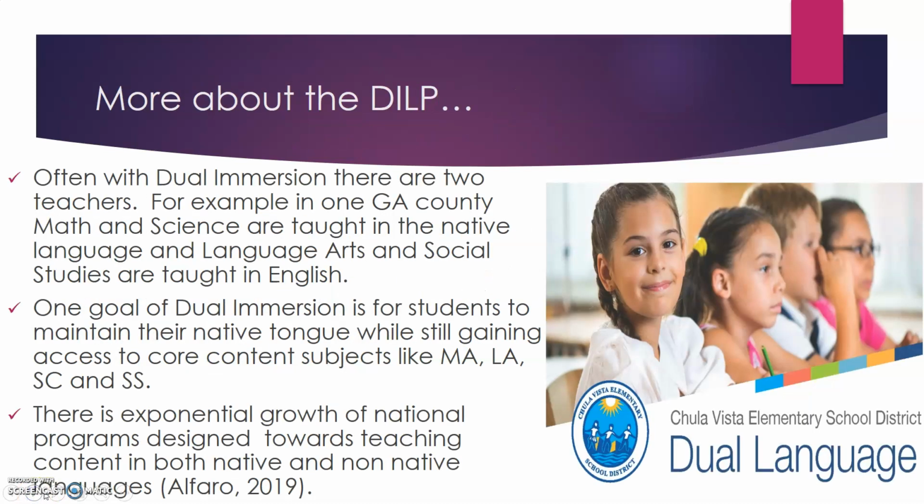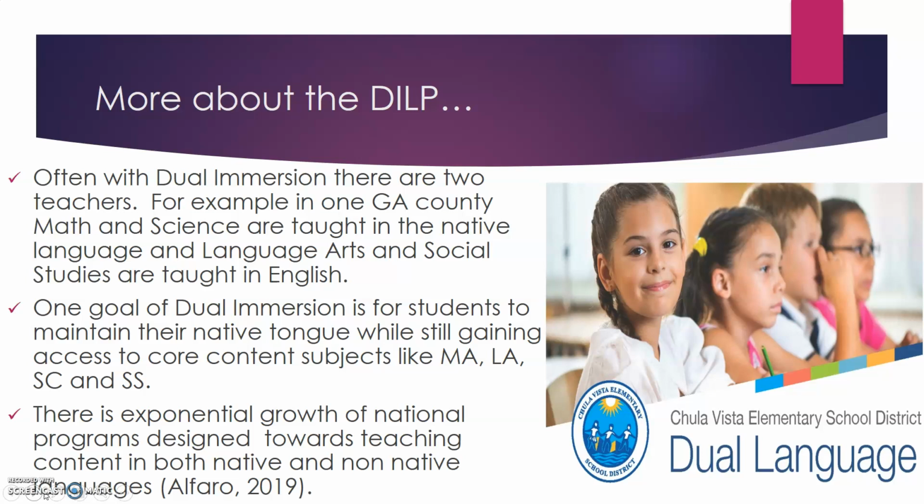More about this program. Often with the dual immersion program, there are two teachers, for example, in one Georgia county that is close by. Math and science is taught on a daily basis in their native language, and then language arts and social studies will be taught in English.